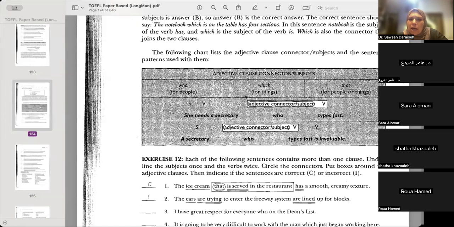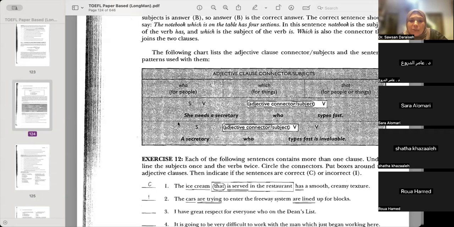These are connectors that are also subjects at the same time. We don't need a separate subject with these.